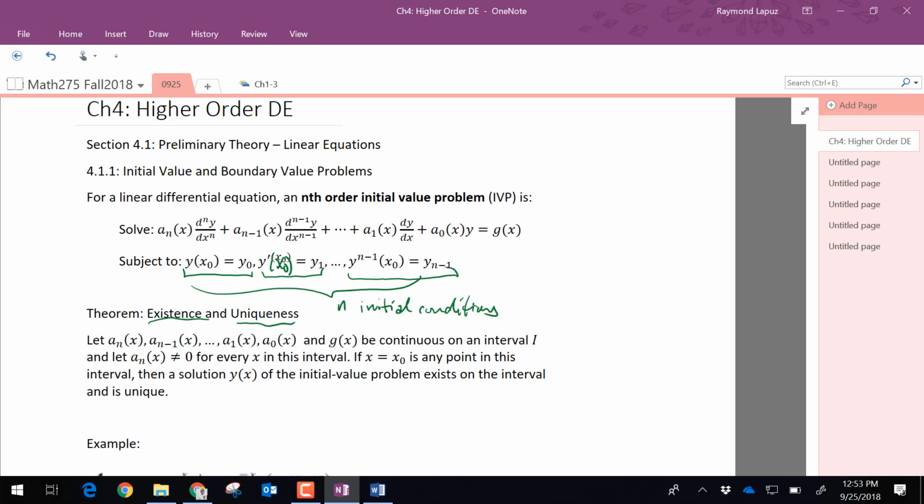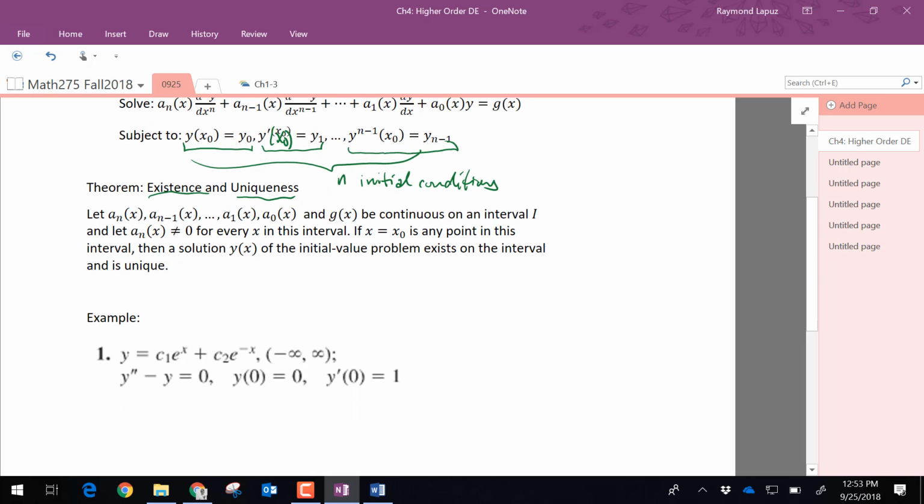It might not go from minus infinity to positive infinity, but at least it should contain x naught, because that's where the initial condition happens. Okay, so that's the theoretical part of this.